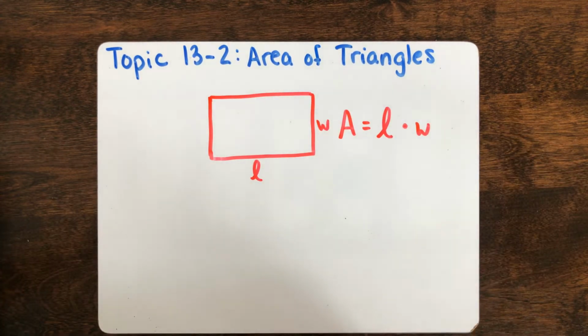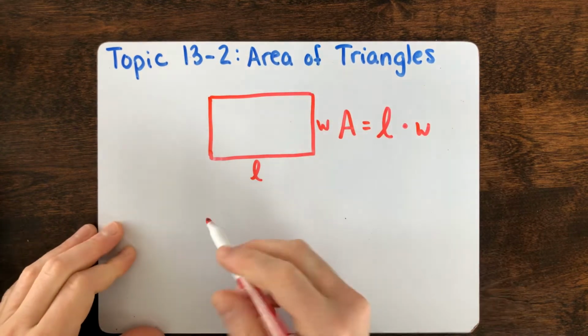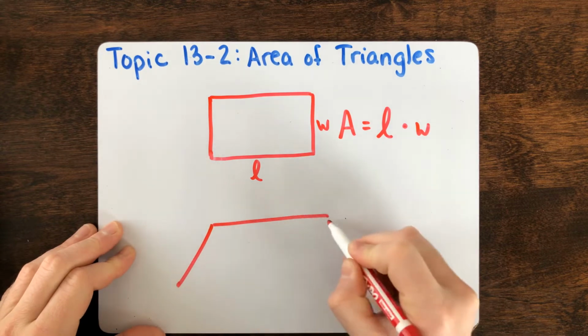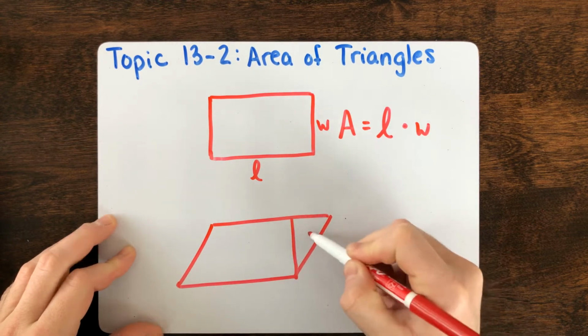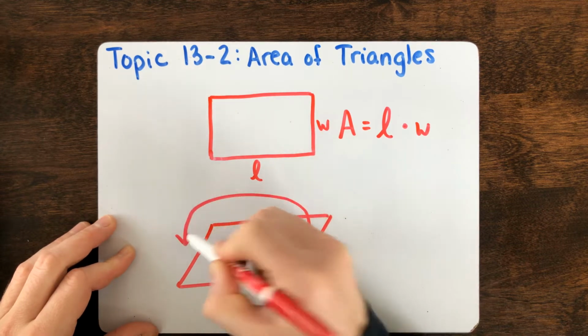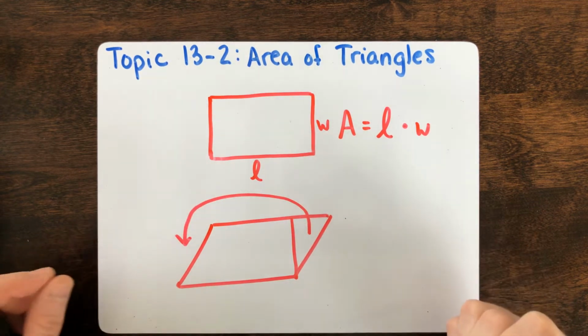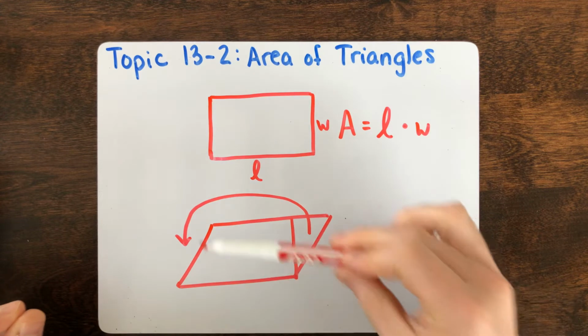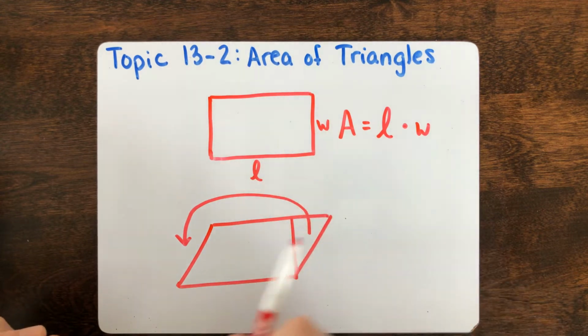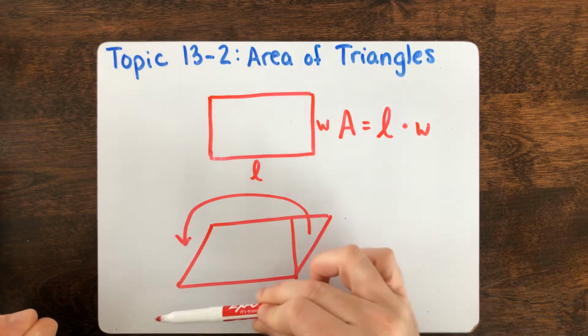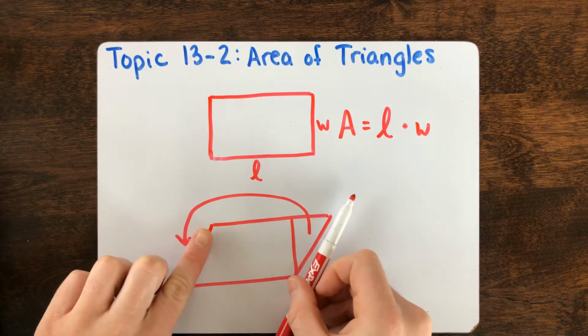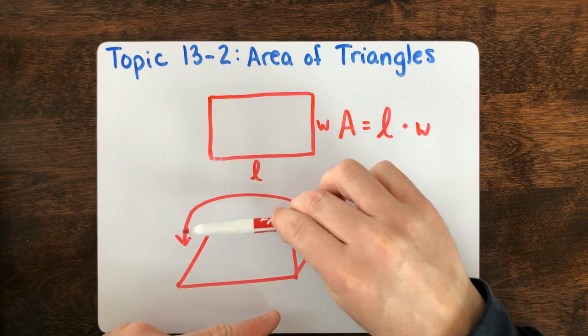And then we discovered that if we took a piece of a parallelogram and cut off this part and moved it to the end, we would get a rectangle. All right? And again, a parallelogram is basically any shape that has both sides parallel to each other. So these sides are parallel, these sides are parallel, okay?